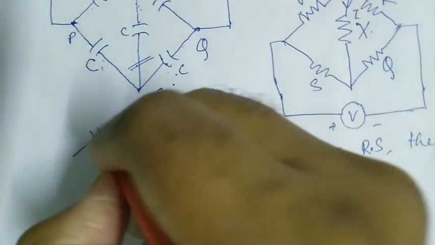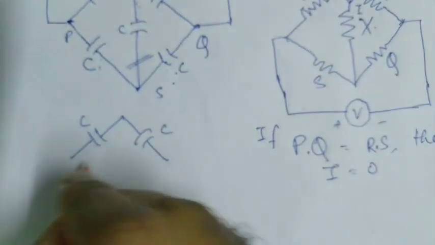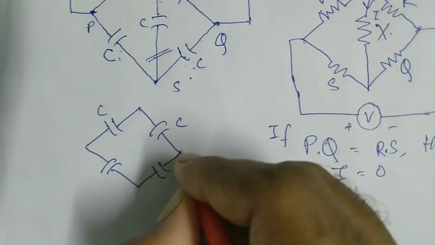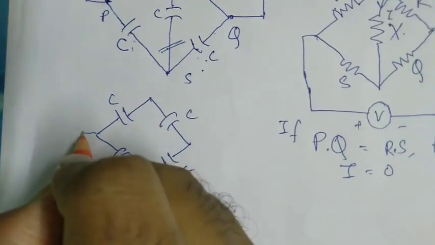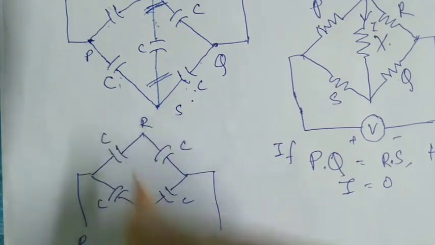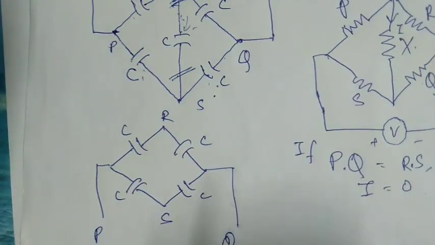The new circuit will look like this. See here, C, and here C. This is P, this is Q, this is R, this is S. Nothing will be flowing through this, so we can eliminate that branch.